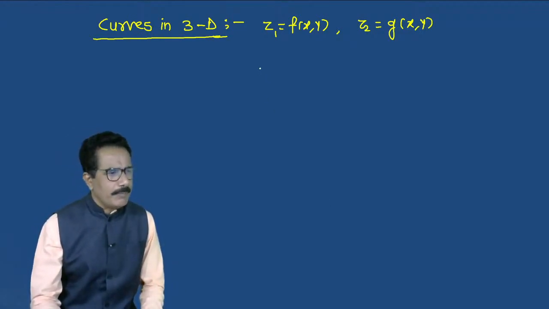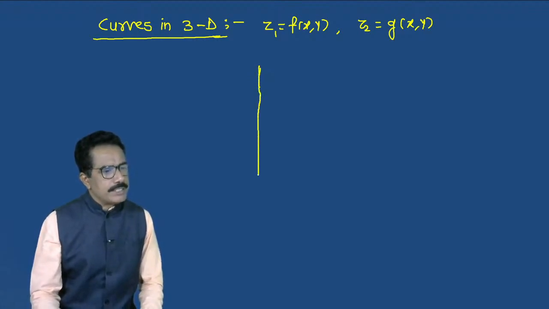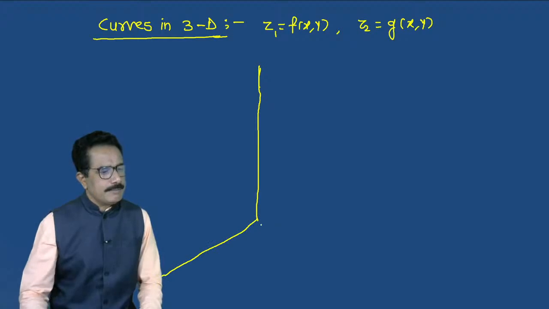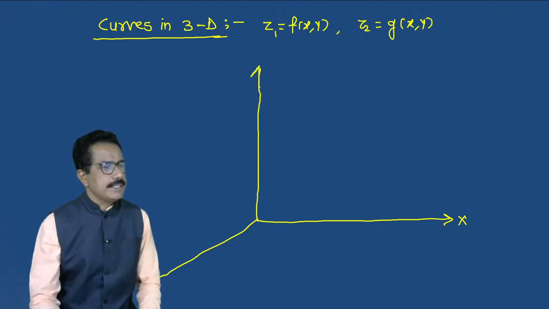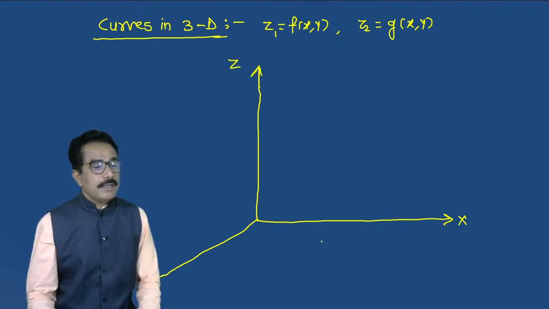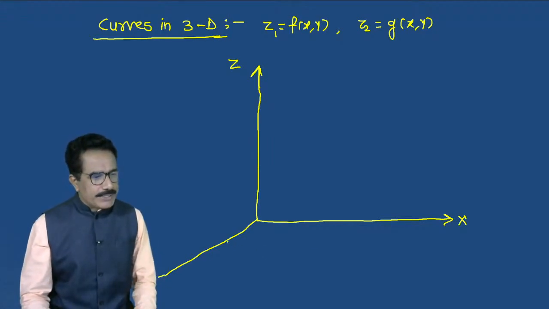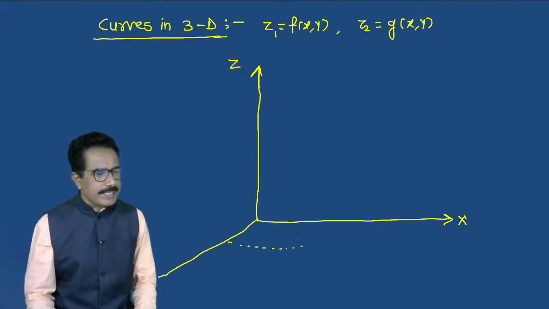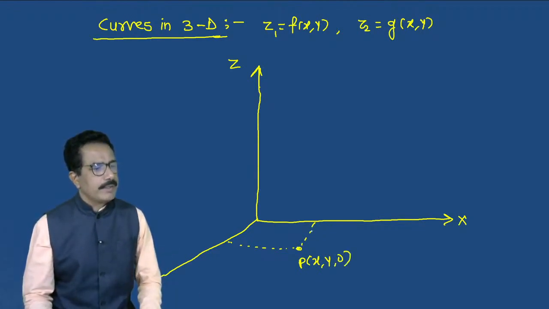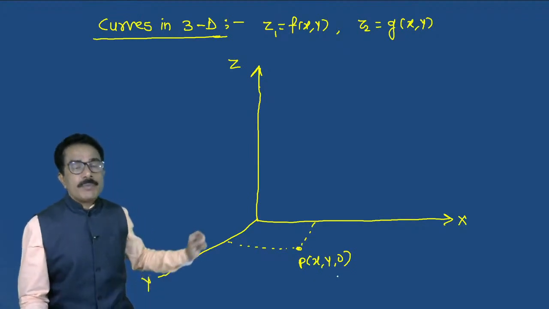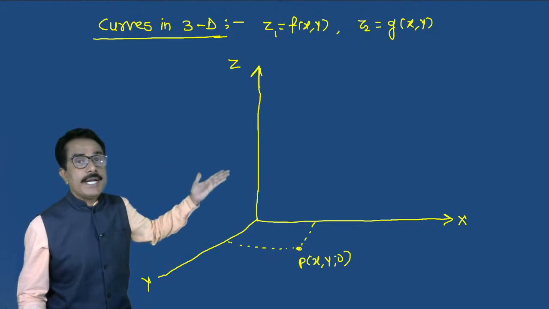See, this is very important. Suppose this is the x-axis, this is the y-axis, and this is the z-axis. Then there exists one point, suppose this is a point P, x comma y. Its z coordinate is 0. But corresponding to this point, there exists a value z.